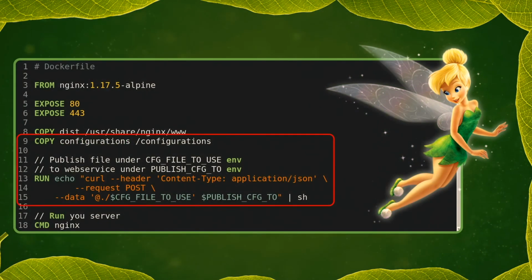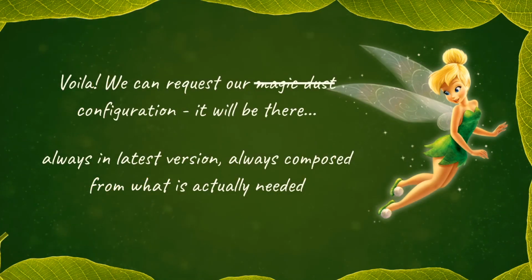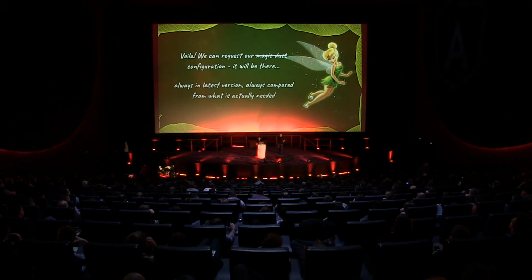And this is quite simple, because we can do this in a couple of lines. So depending on the environment variables, we'll simply publish whatever we need. And voila! We can request our configuration, and it will be there. Always in the latest version, always composed from what is actually needed, and well secured, if you've done it right.